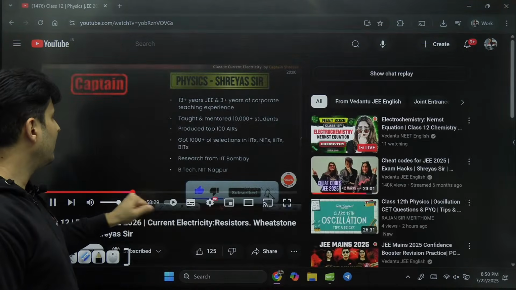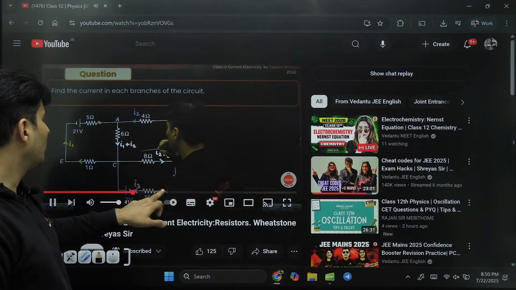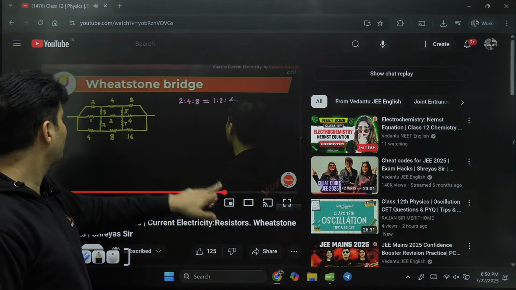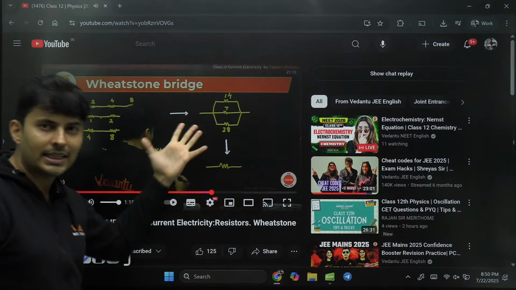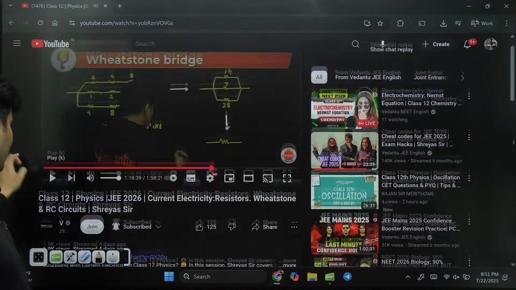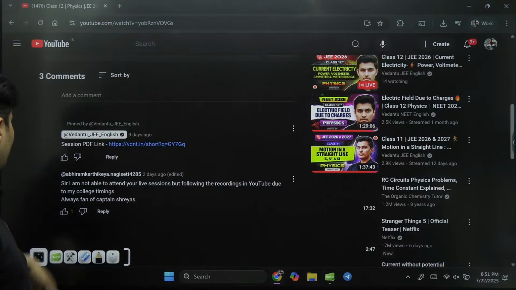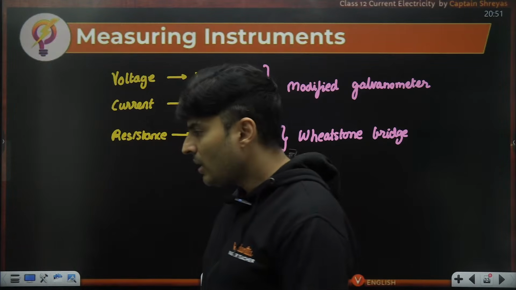I've explained in detail what Wheatstone's bridge is and how to calculate the balancing part, everything. It was just done a few days back. Smash the like button, session notes, everything is available. You can see right over here.